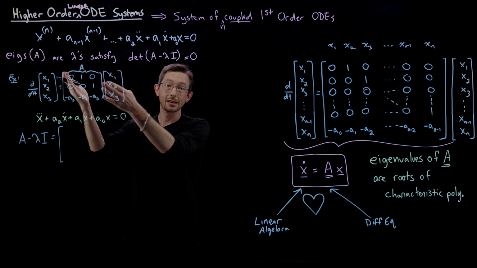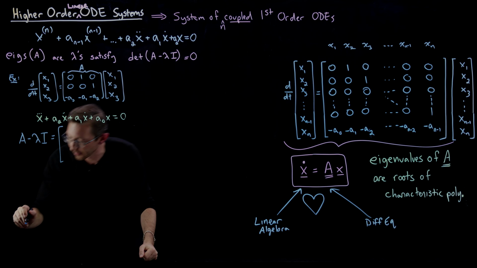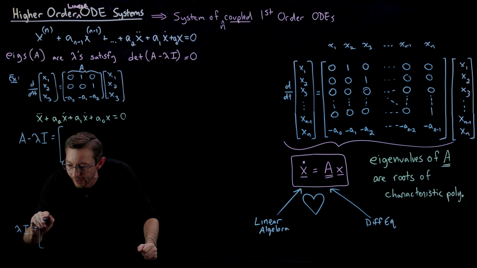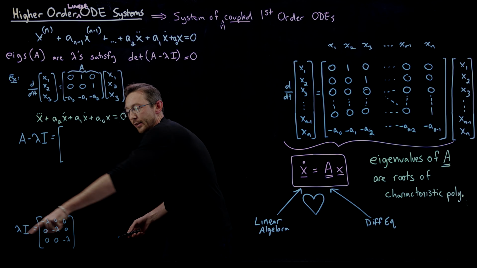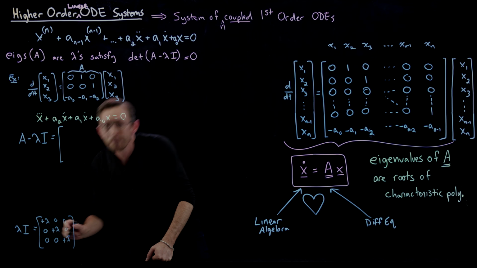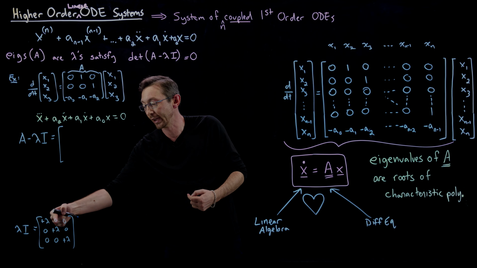Literally this matrix minus an identity matrix, which just has diagonals of 1. So lambda I equals lambda, 0, 0, 0, lambda, 0, 0, 0, lambda. It's literally a diagonal matrix of lambdas, because the identity matrix is diagonal of 1s.